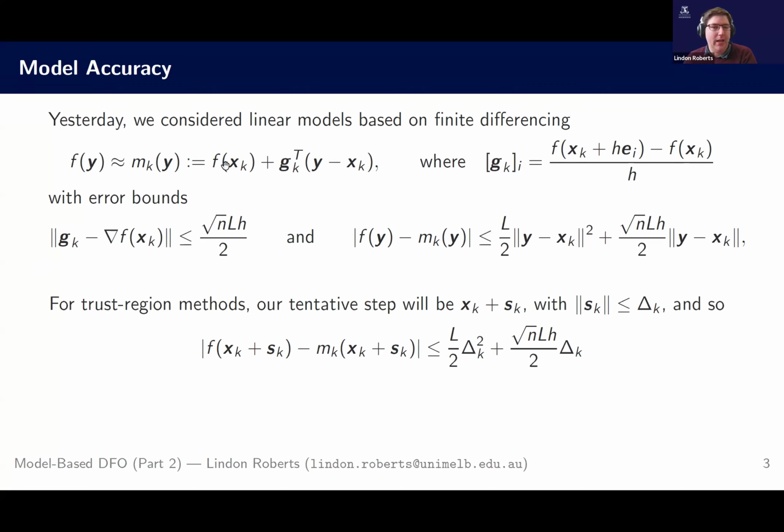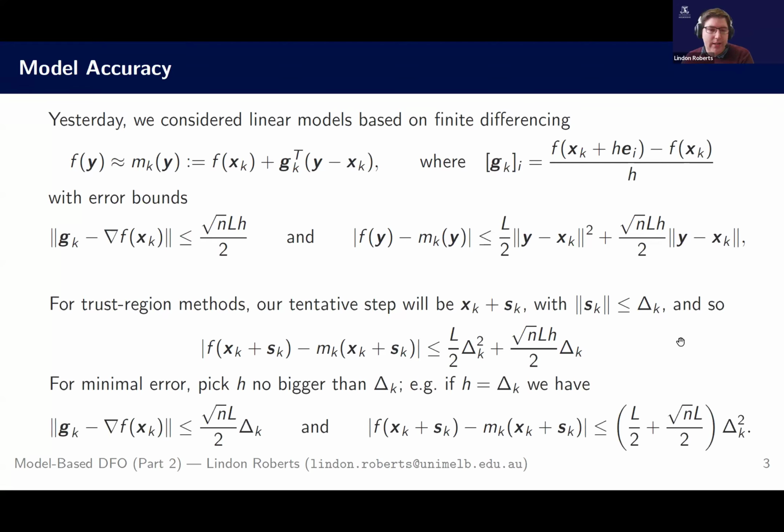Because if I plug in x_k, I've forced my model to be exactly correct: if y equals x_k, the model is equal to the true function value. If I plug in my new point, my error bound ends up looking something like this. Everywhere I had the norm of the perturbation, I just plug in a value of delta. So I get a term that's proportional to delta squared, and a term that's proportional to delta that also depends on the perturbation size h.